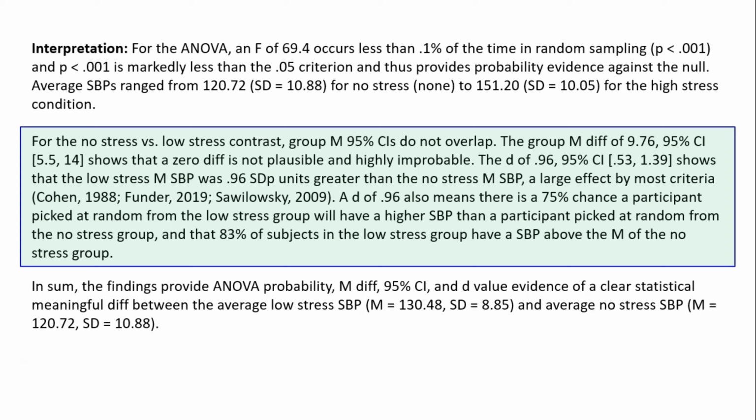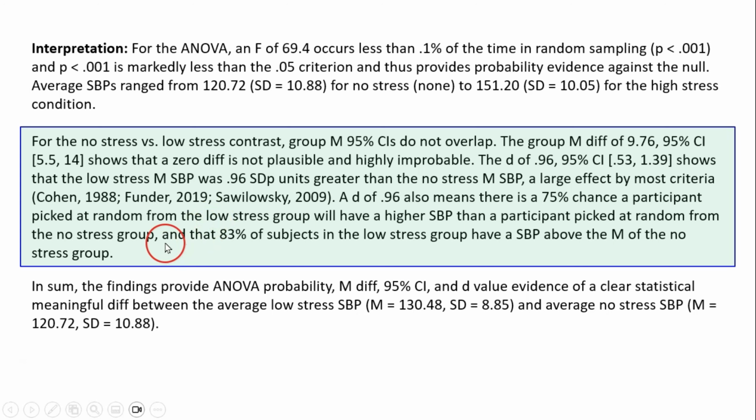And then this last one here is what's called Cohen's U3, subscript for the 3. And what that tells us is the number of subjects, in this case in the low stress group, that would have a higher systolic blood pressure than the mean of the no stress group.